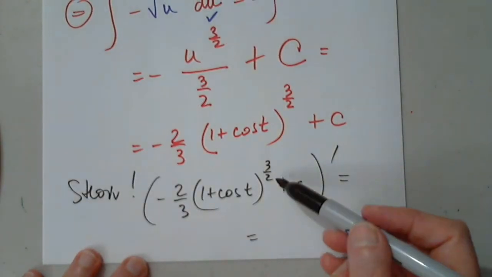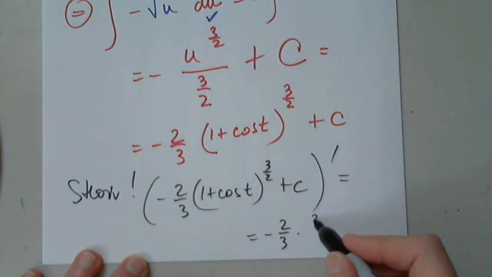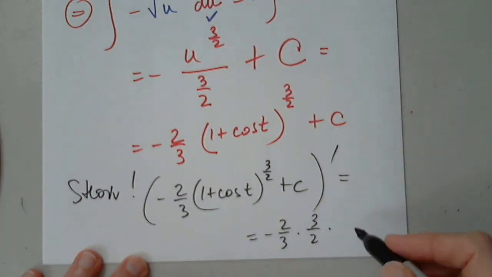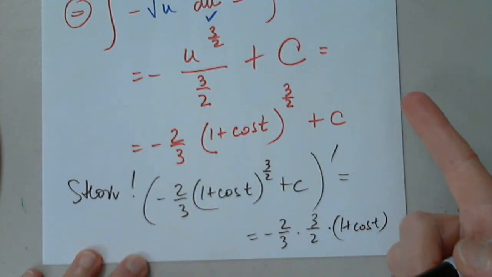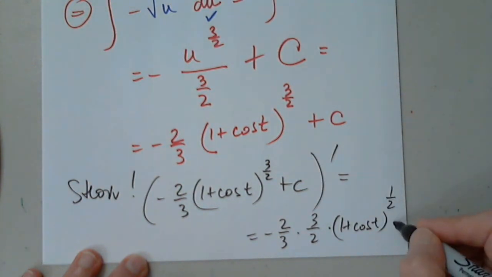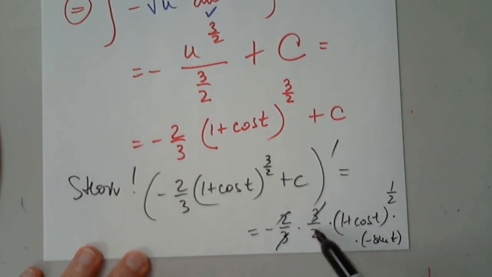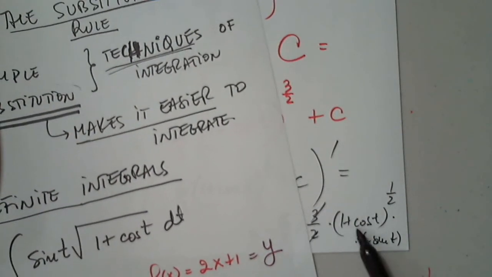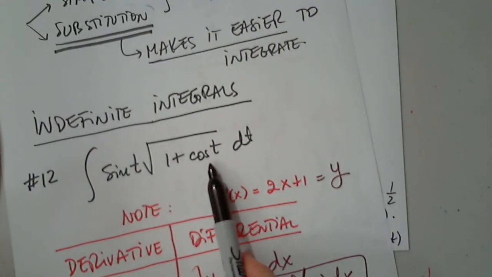Okay, so -2/3, bring down 3/2 times the inner function to 3/2 minus 1, which is 1/2, times the inner function prime, which is negative sine t. These two go away. The negative sine t with a negative will create the sine t, and 1 plus cosine t to 1/2 is the square root of 1 plus cosine t.